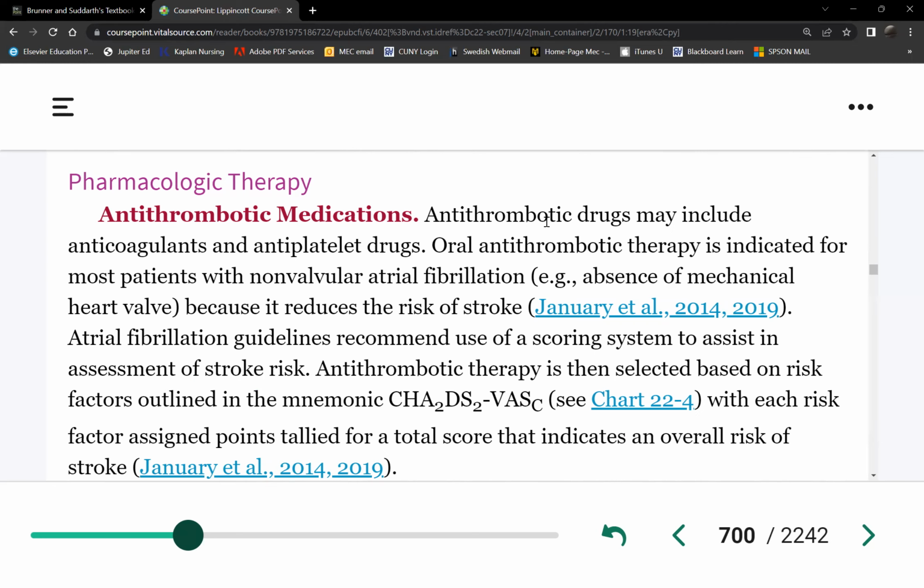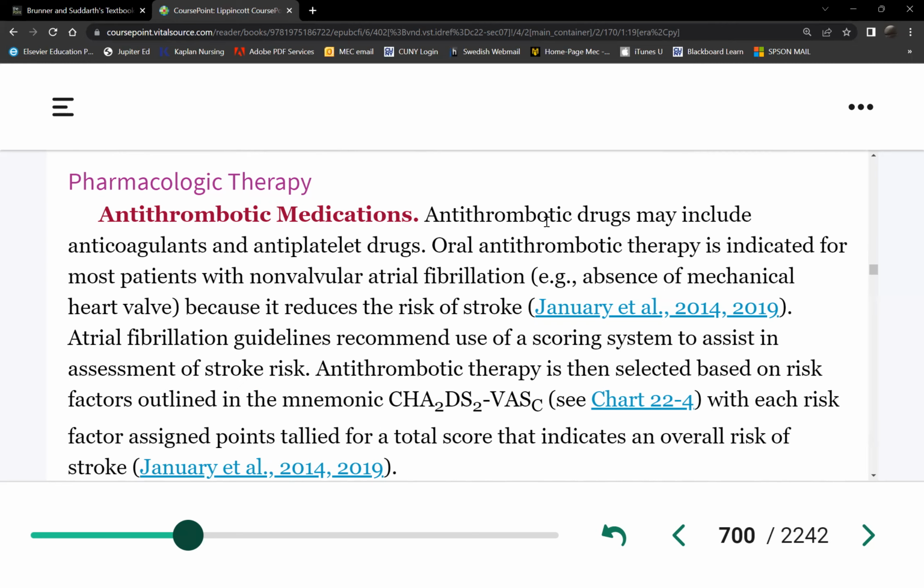Anticoagulants, we have different types, right? We have your direct thrombin inhibitors, heparin, and we've got 10A inhibitors, which are the NOACs, novel oral anticoagulants. Then you have your vitamin K inhibitor, which is warfarin. So, different types of anticoagulants.